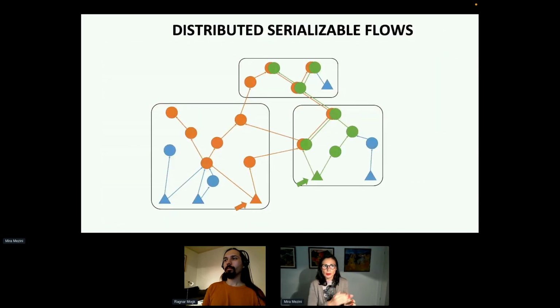So if flows run across different devices, we can ensure that they are run with serializable semantics without aborts. Of course, in a distributed environment, we need to do more. We need some distributed consensus.